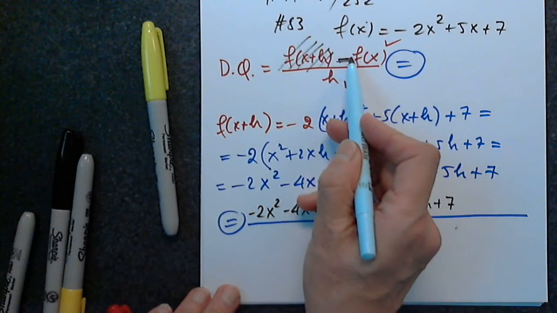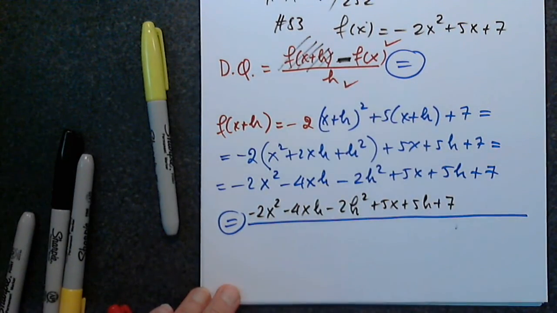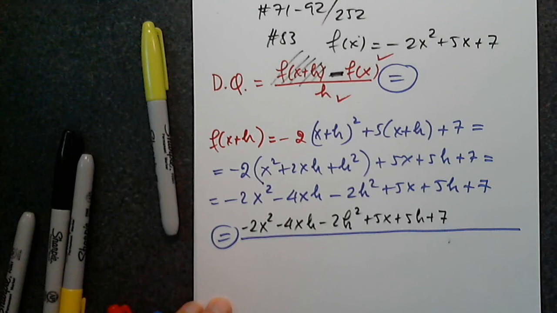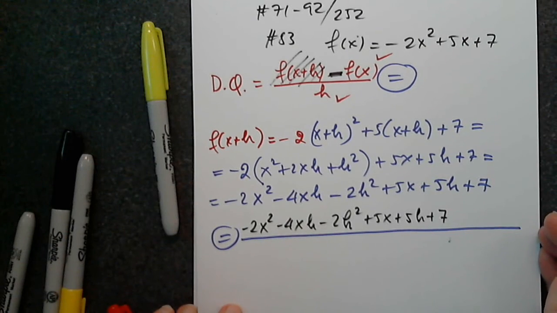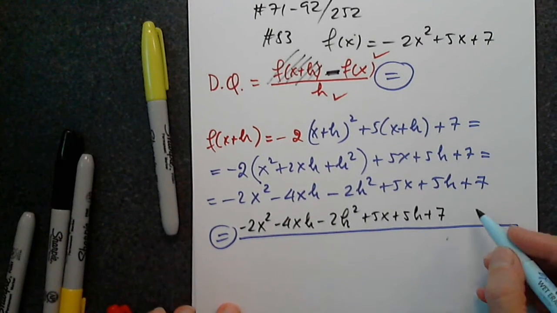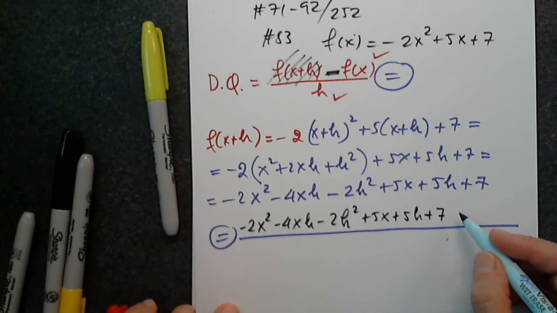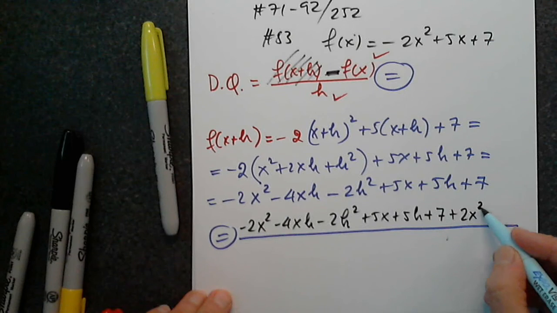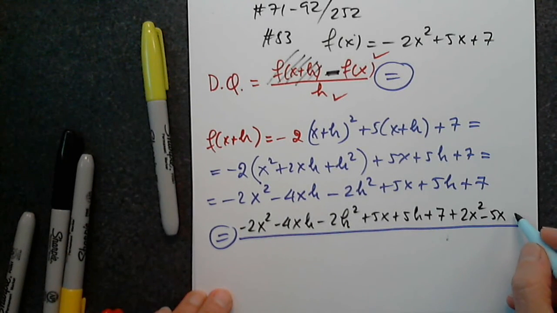I reached this point right here. What now? So it's going to be plus 2x squared, minus 5x, minus 7.